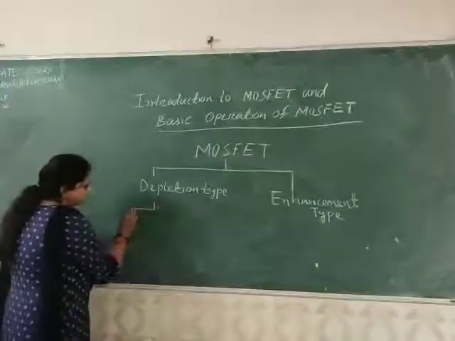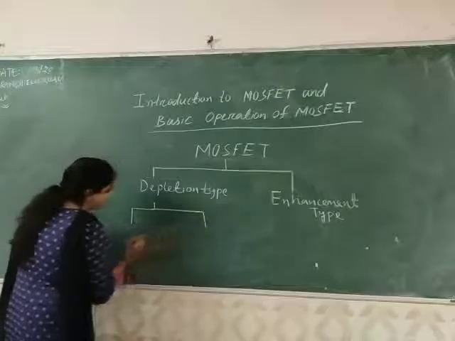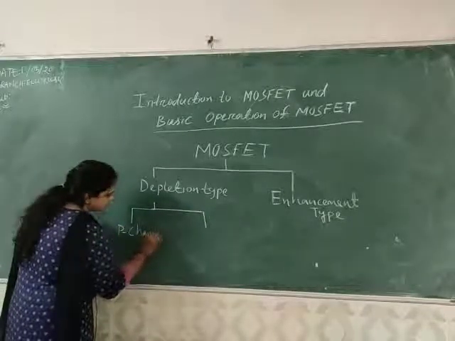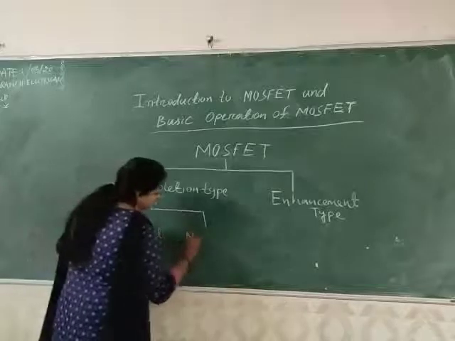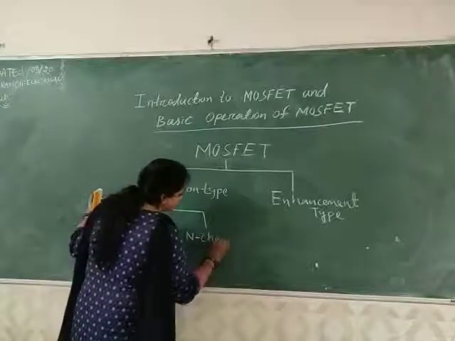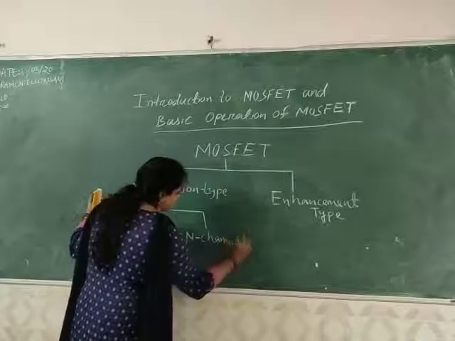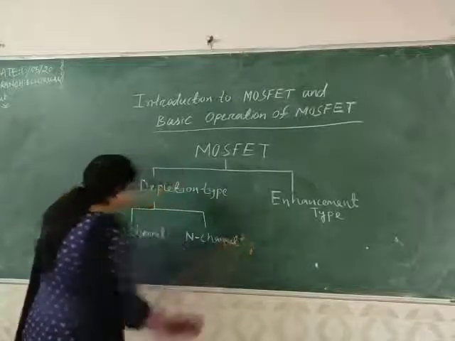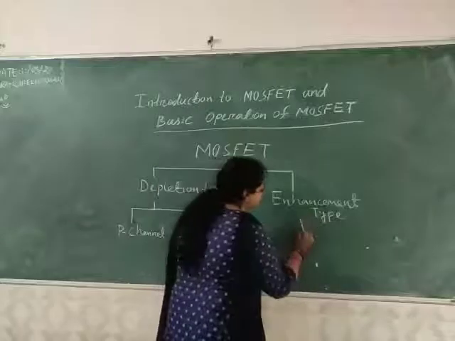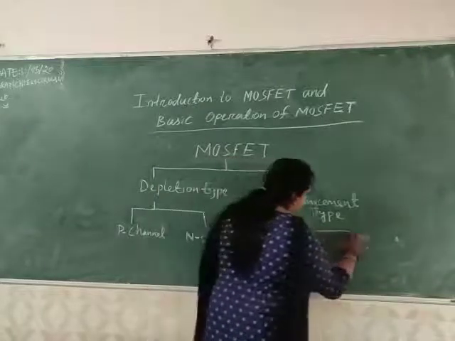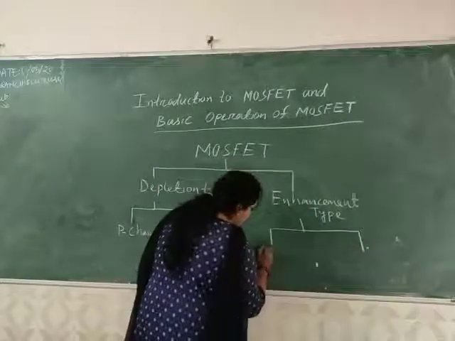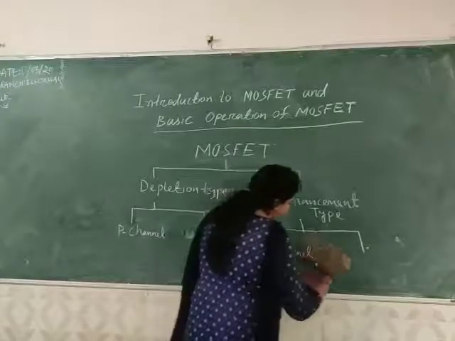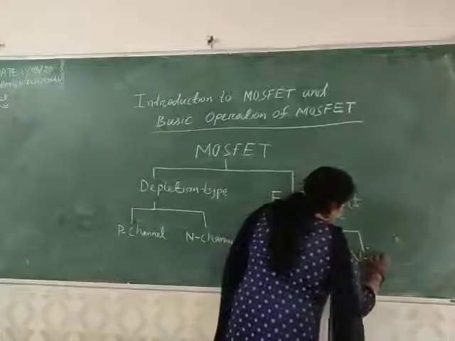Again, depletion type is divided into two types, means P channel depletion type MOSFET and N channel depletion type MOSFET. And similarly, enhancement type is also divided into two types, P channel enhancement type and N channel enhancement type.